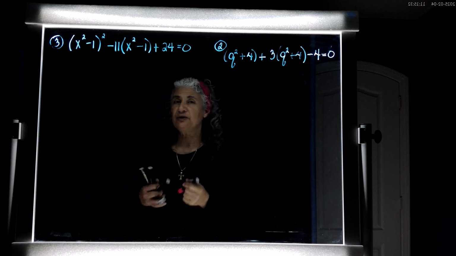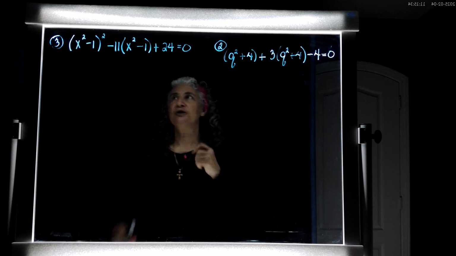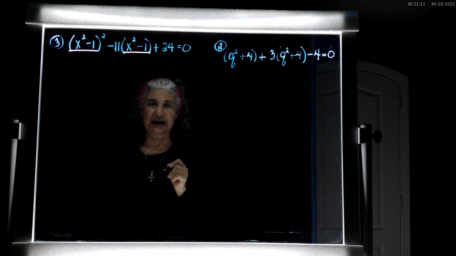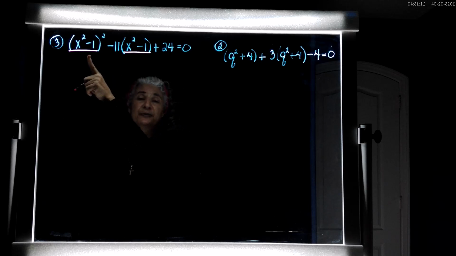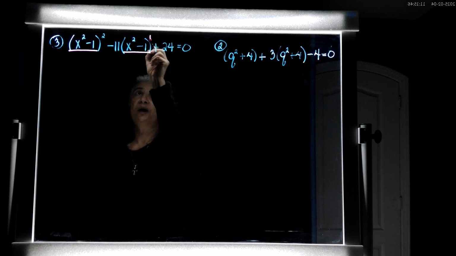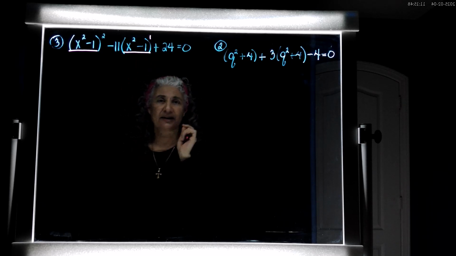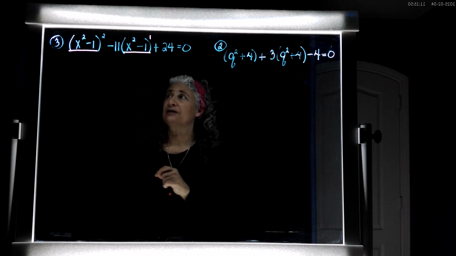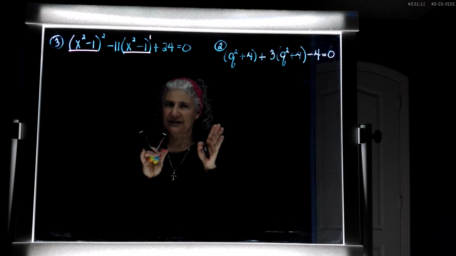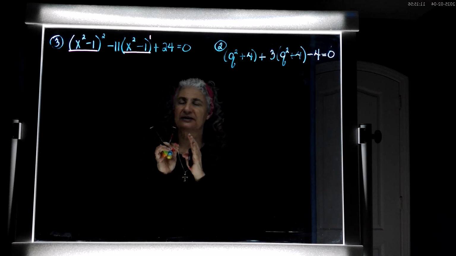Tell me what you noticed about those parentheses. Good, they're exactly the same. This parenthesis and this parenthesis are exactly the same. And this parenthesis is to the power of 2. This parenthesis is to the power of 1. Is it quadratic in nature? Absolutely. So what's my variable? X squared minus 1. Good, excellent.